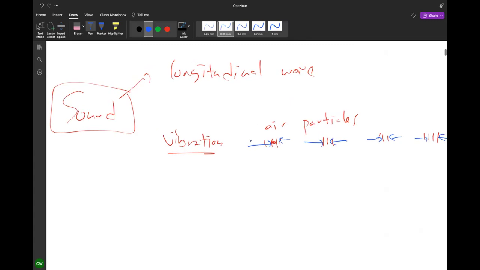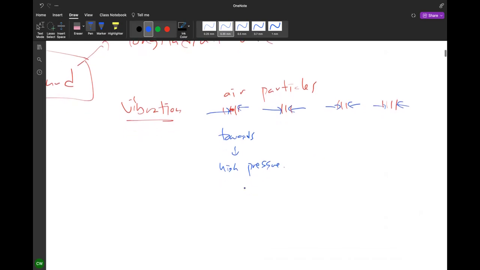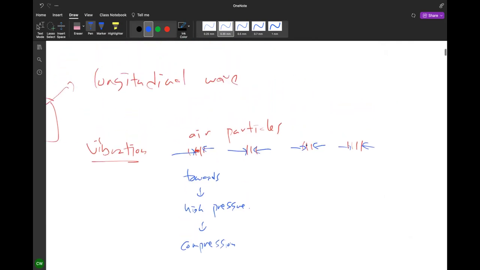Okay. So when they move towards one another, what happens at this point? It will cause high pressure. When it causes high pressure, we call it compression. It means the air is being compressed. So this is the compression.